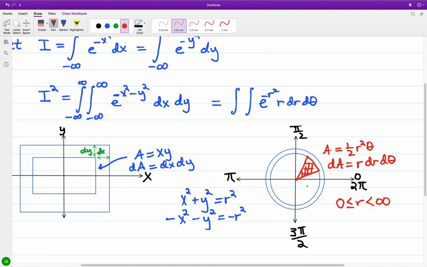And going full circle in radians, we're going out to 2 pi radians. So taking the limits, r goes from 0 to infinity, and theta goes from 0 to 2 pi.